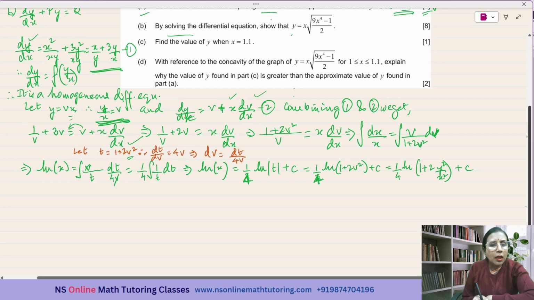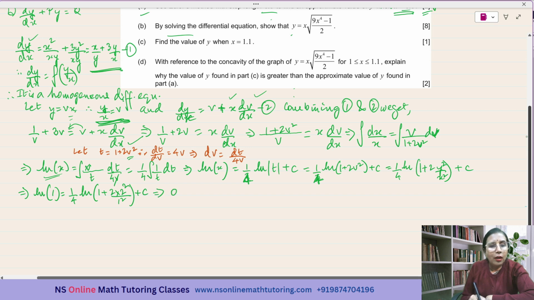Okay. So this is ln of 1 is equal to 1 over 4 ln of 1 plus 2 times 2 square over 1 square plus c. So ln of 1 is equal to 0.